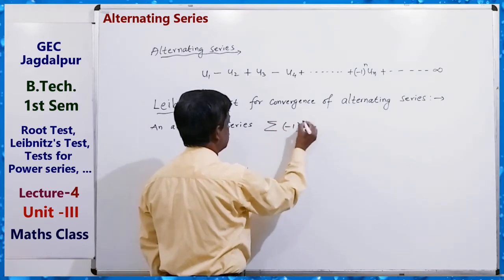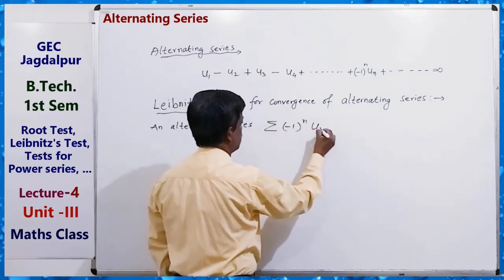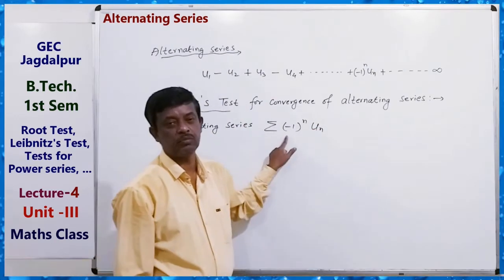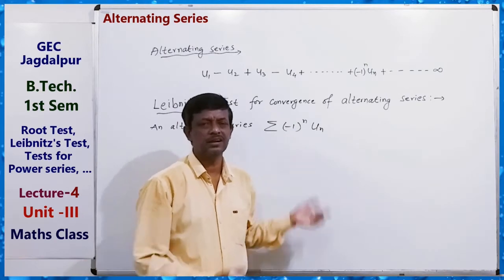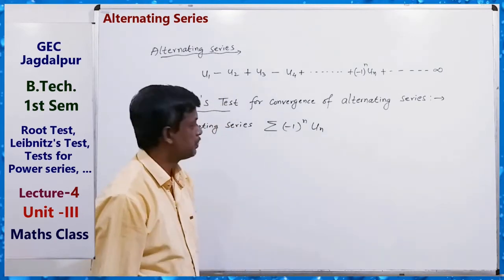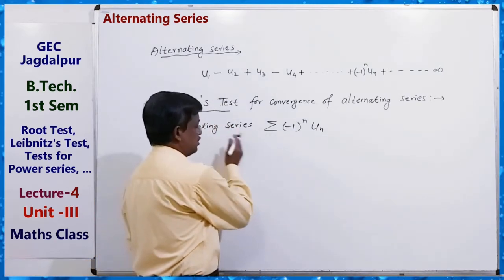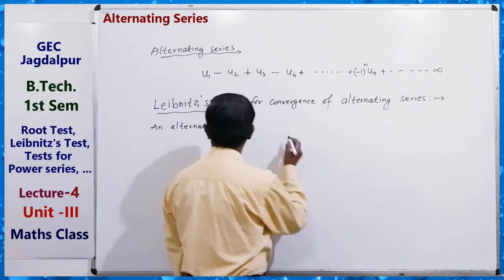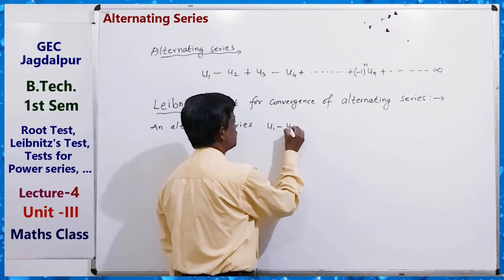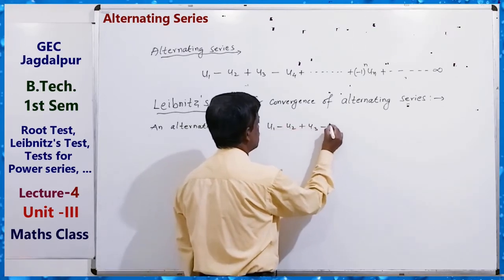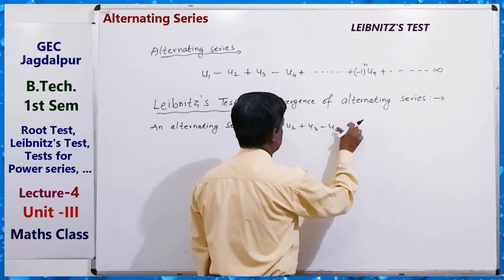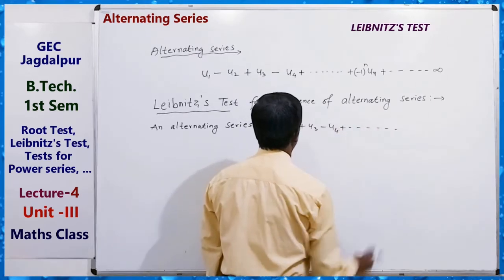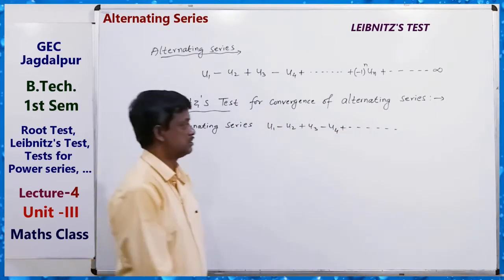We can write it like this: n equals 1, then negative; n equals 2, then positive; negative, positive, alternating. You can also write the alternating series as u1 minus u2 plus u3 minus u4 and so on, an infinite series.